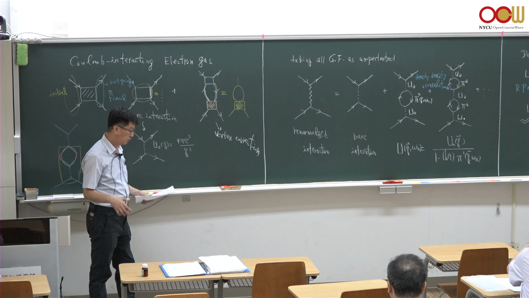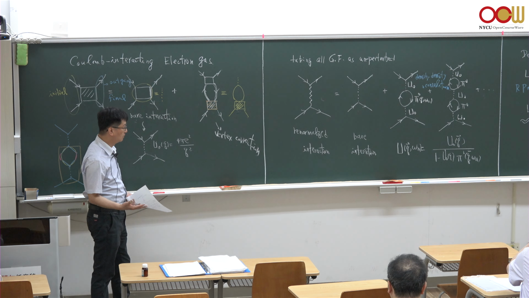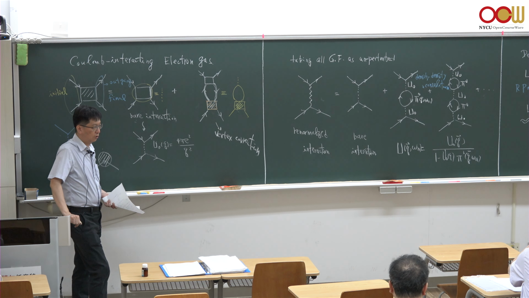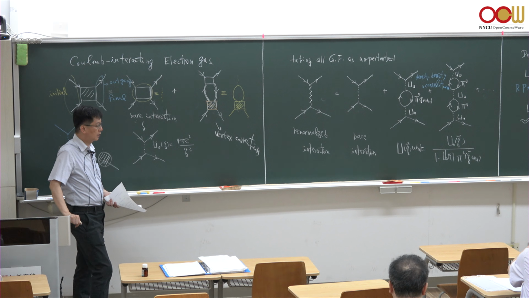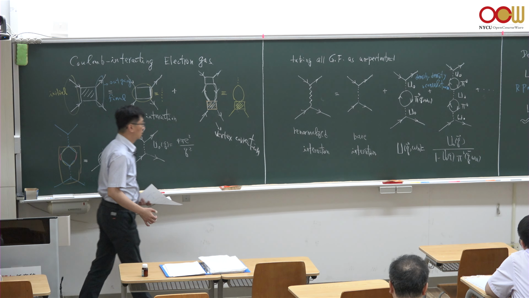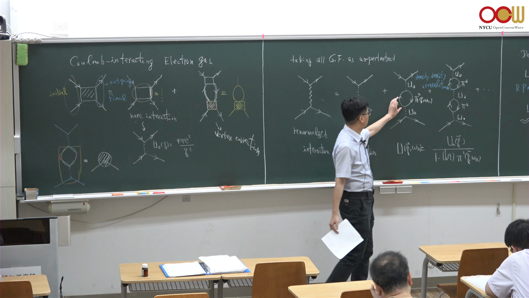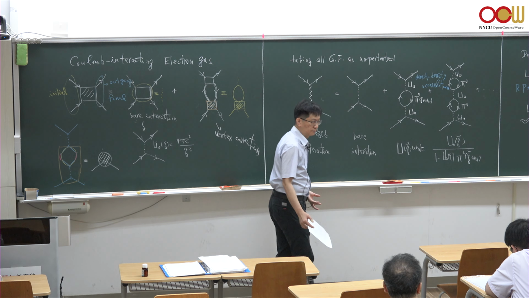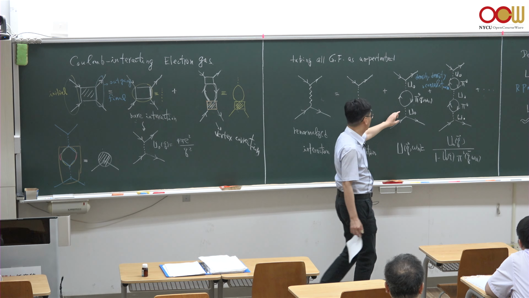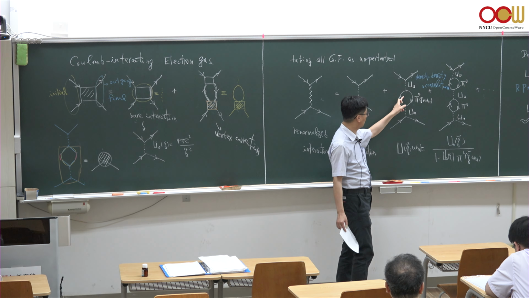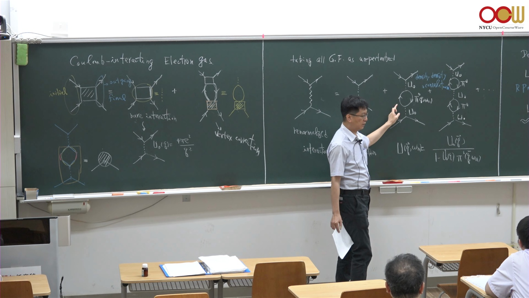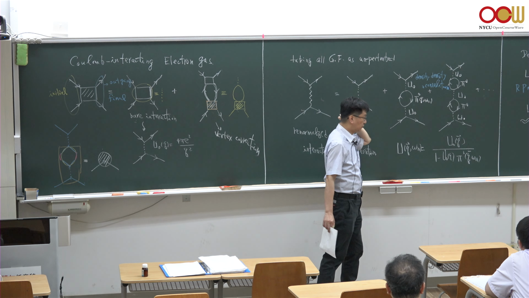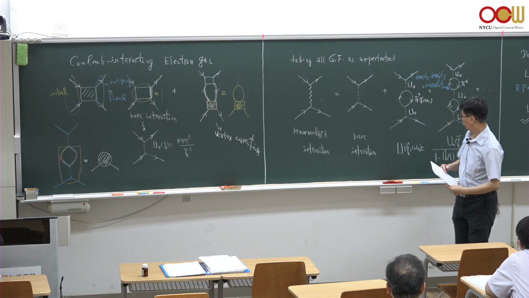So in other words, out of a vacuum, this photon can actually split into electron hole pair kind of excitations, and those electron hole pair excitations are simply some kind of intermediate virtual states, and this virtual state will decay into another photon. The photon decays into an electron hole pair, but this electron hole pair will not live forever, and they decay into a photon. Again, this photon mediates this electron-electron interaction.